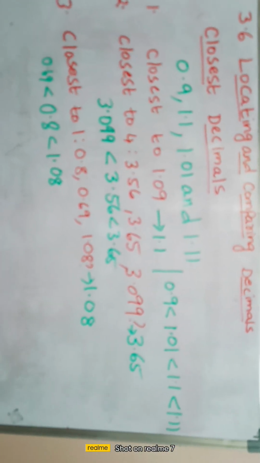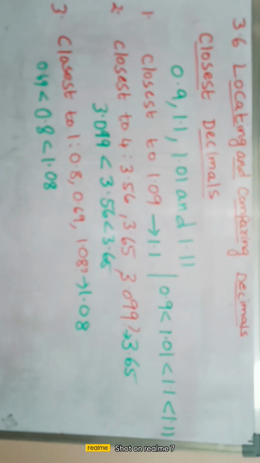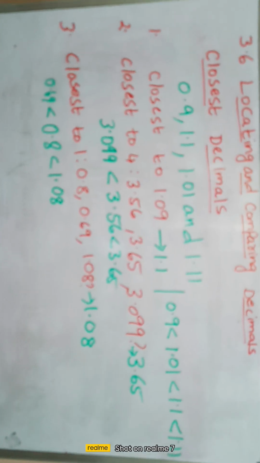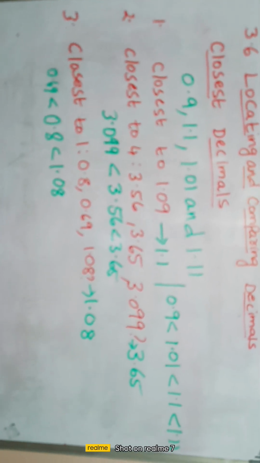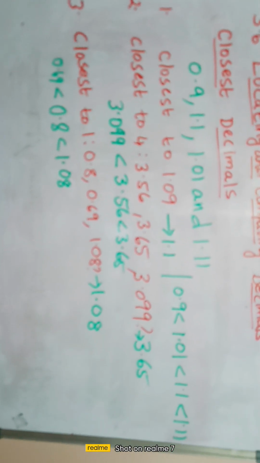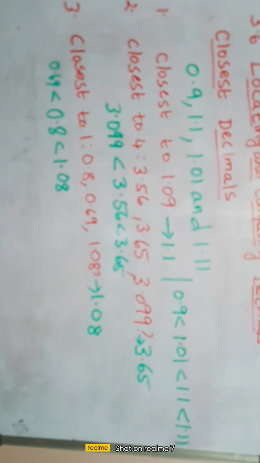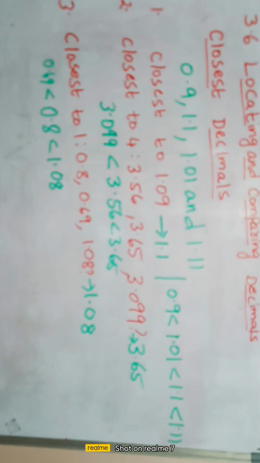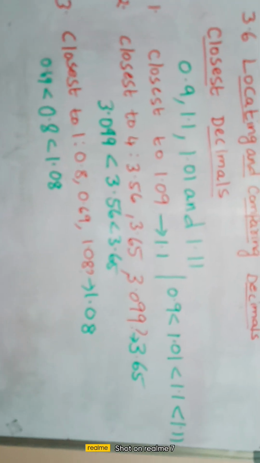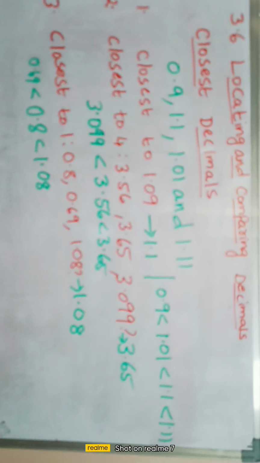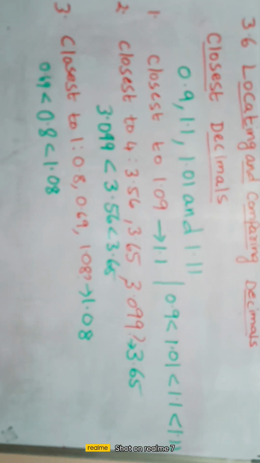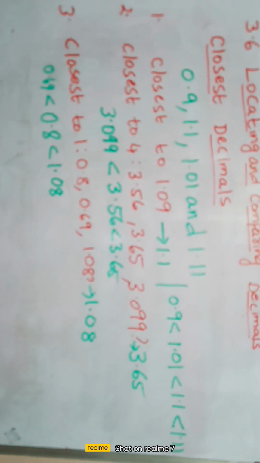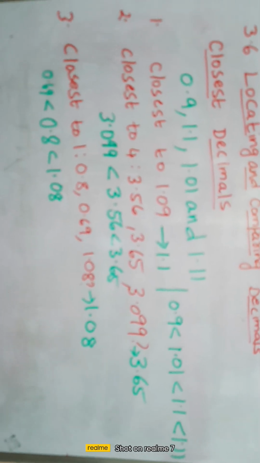Here closest decimals are asked. Given 0.9, 1.1, 1.01 and 1.11, which number is closest to 1.09? If we write the decimals in ascending order, 0.9 is lowest, then 1.01, then 1.1, which is closest to 1.09.